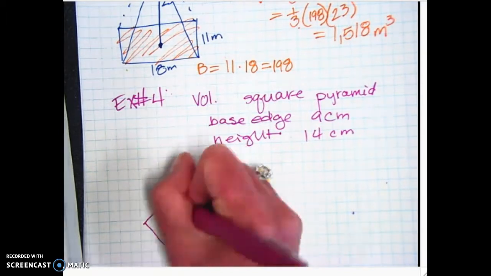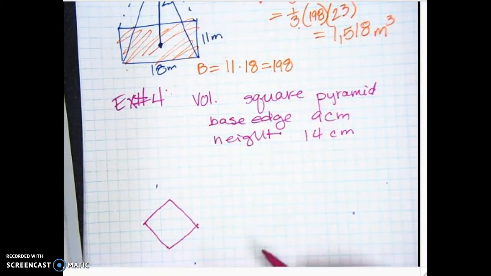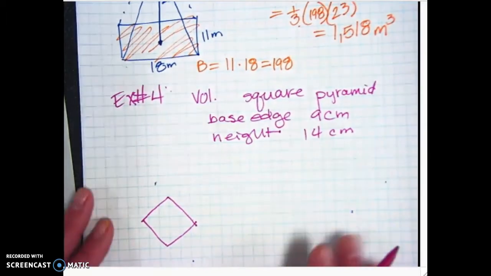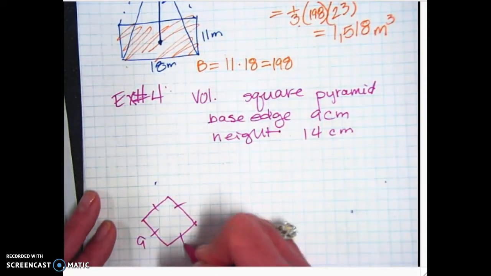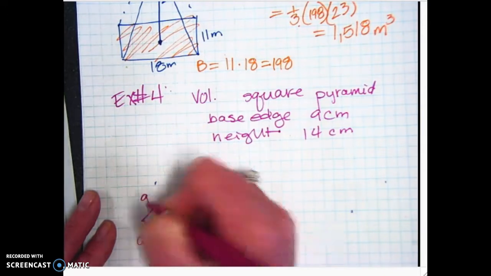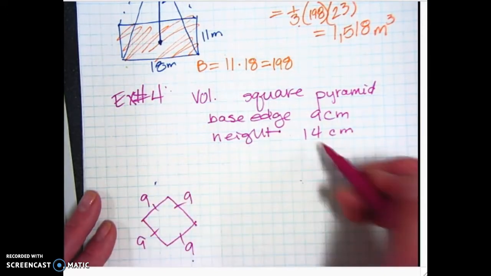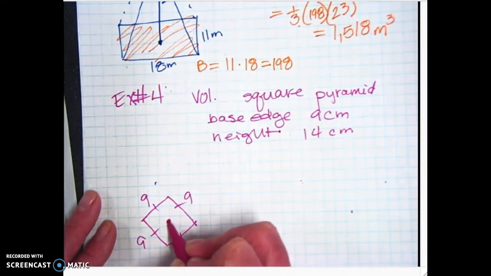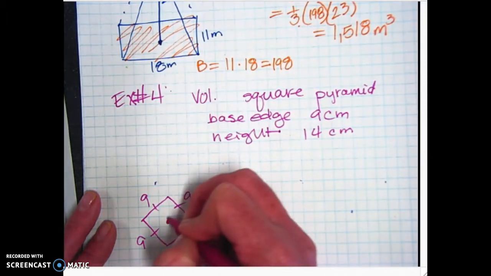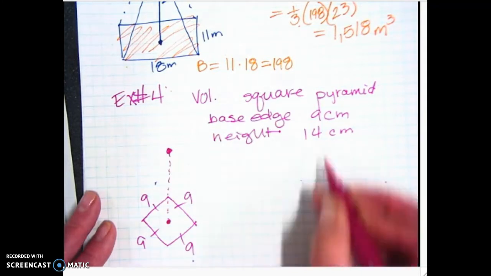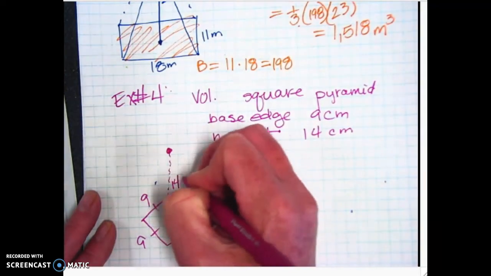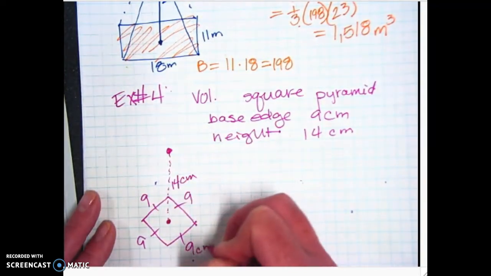Don't need as much information, right? Because all 4 sides are going to be congruent. So if this one's 9, they're all 9. 9, 9, not that it matters, okay? And it has a height. So from the center of that square, going all the way up to the vertex, we'll put it here, is 14. All these are in centimeters.